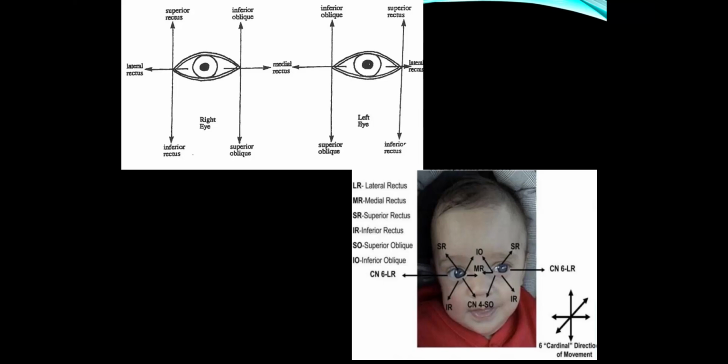A twisting movement of the eye out, sort of down and out, we would call excyclotorsion. But this is still a good general rule here. Again, lateral rectus, medial rectus, very easy, superior oblique, inferior oblique, and the superior and inferior rectus muscles like this.